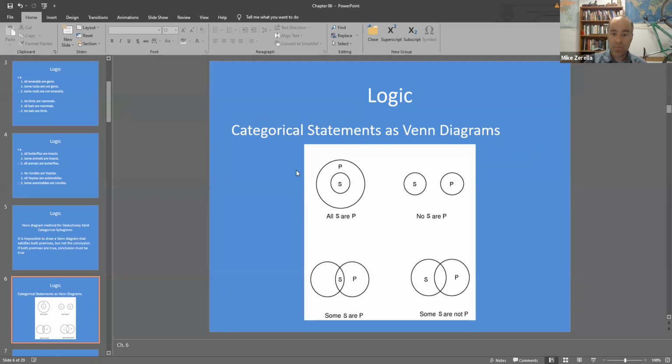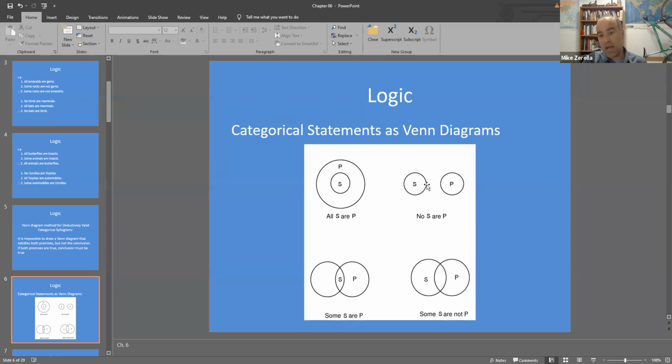So, all S's are P's. This circle with the S in the middle represents the S's, whatever they might be. And this statement, all S's are P's, is represented here because the circle representing the S's is completely contained within the circle representing the P's. So all the S's are contained within the P circle.